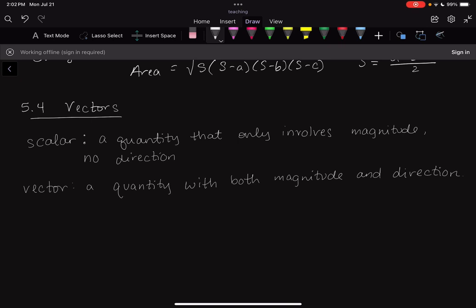Some examples of this would be force is a vector, velocity is a vector. A lot of times you're going to care whether it's positive or negative. Being positive or negative would mean something, whereas with a scalar, it's just always positive. And so we'll be talking about vectors a lot.